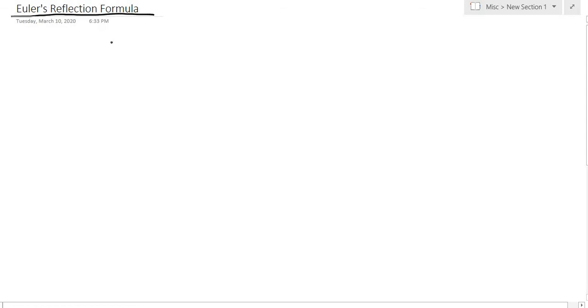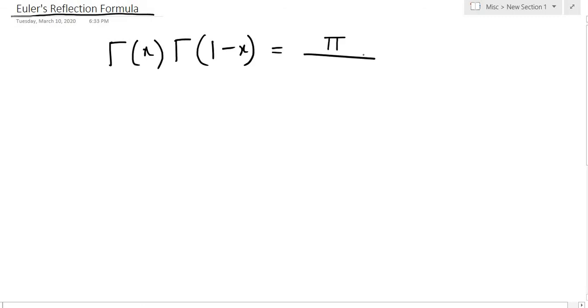What that states is, say you have the gamma of x multiplied with the gamma of 1 minus x, that just equals pi over sine of pi times x.